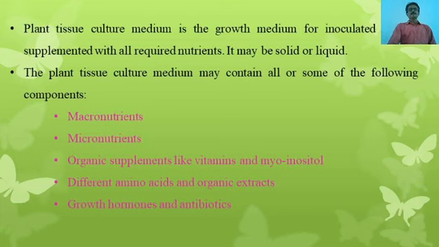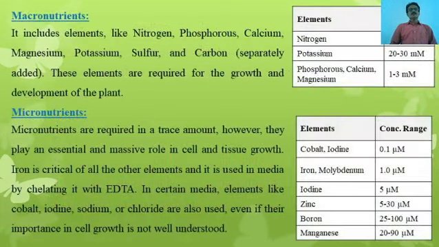In general, macronutrients and micronutrients are the nutrients required in different quantities. Macronutrients require a little more amount, but micronutrients are required in very small amounts basically. Macronutrients include nitrogen, potassium, phosphorus, calcium and magnesium.